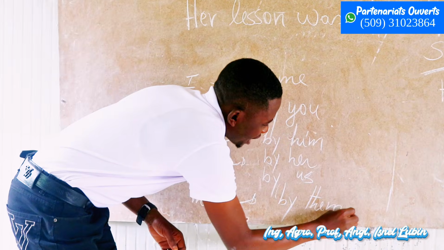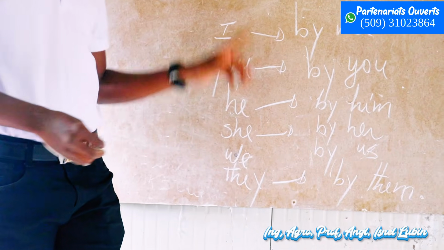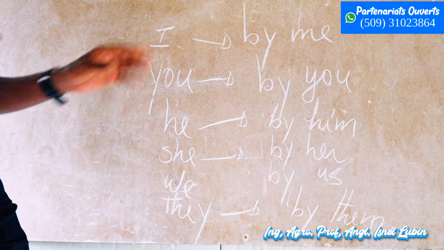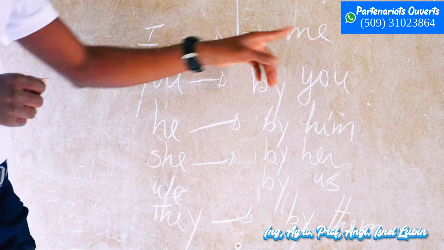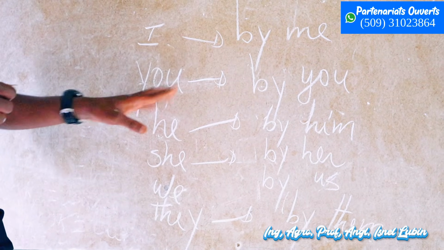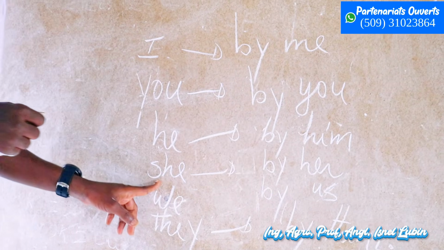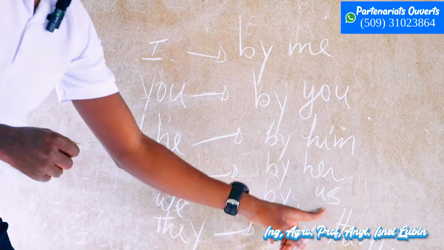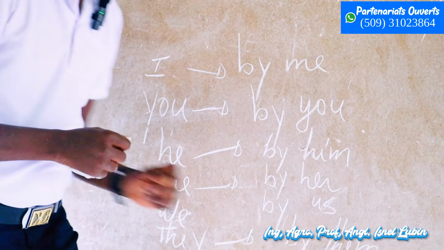So when I have these subject pronouns as subject, we always say: when I use I as subject, I say by me; you, by you; he, by him; she, by her; we, by us; they, by them.